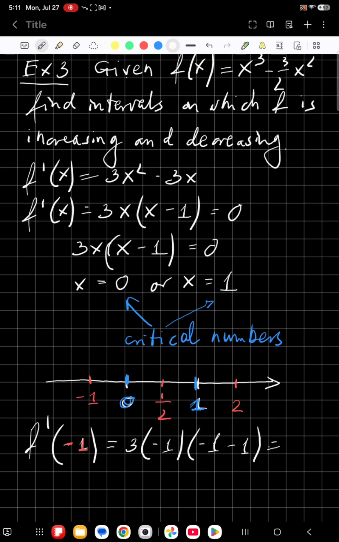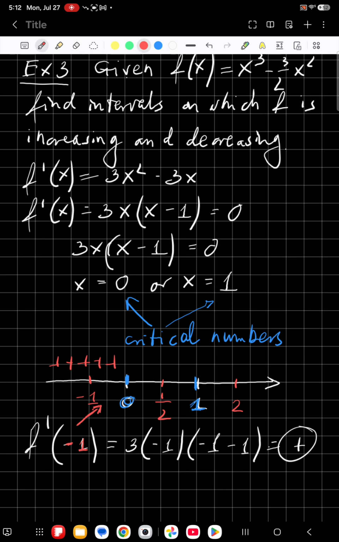So I'm just going to write positive. I don't really care what the number is. I guess it's +6. I'm not sure. And then when the function is positive, let's make it red also. So I would put a plus here, and that will tell me that the function is increasing. So I'm going to make an arrow that goes up.